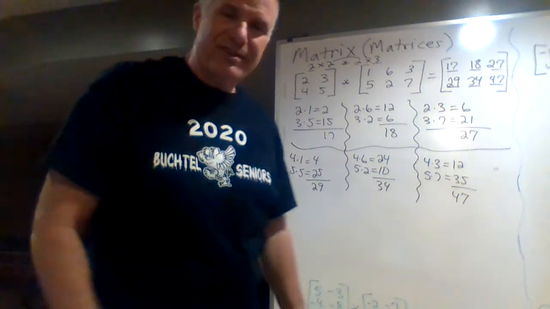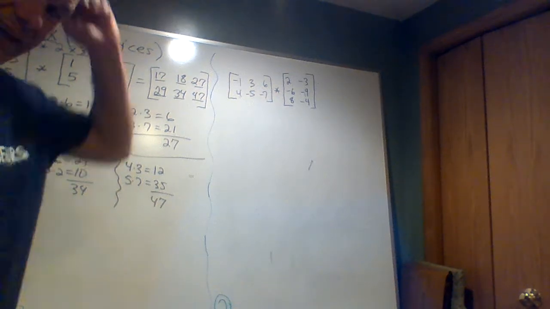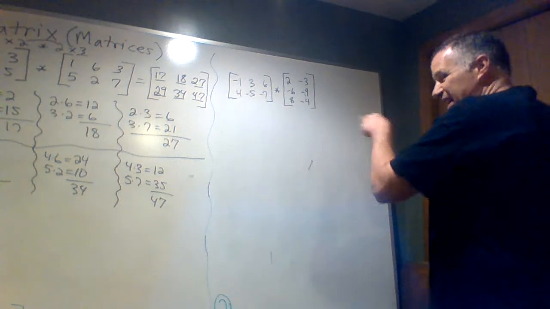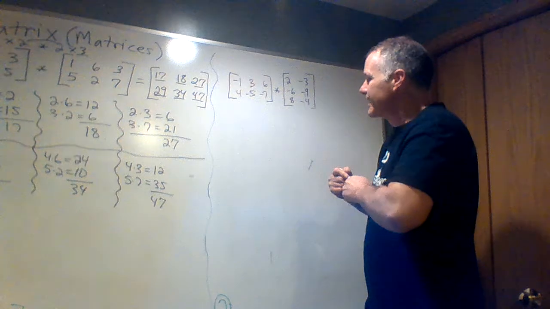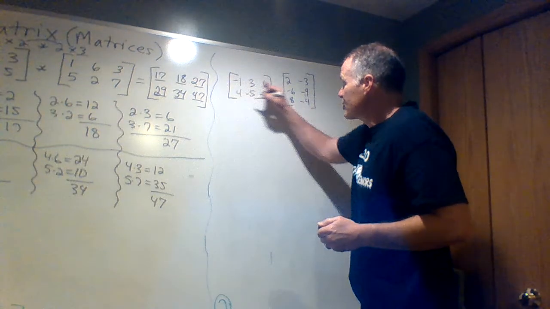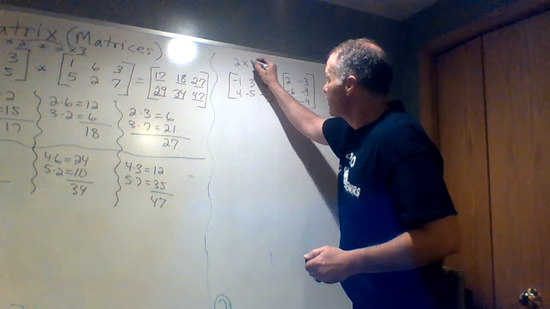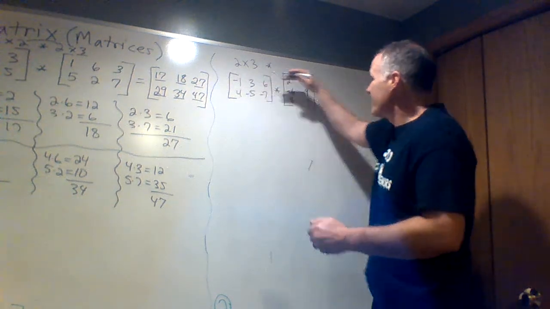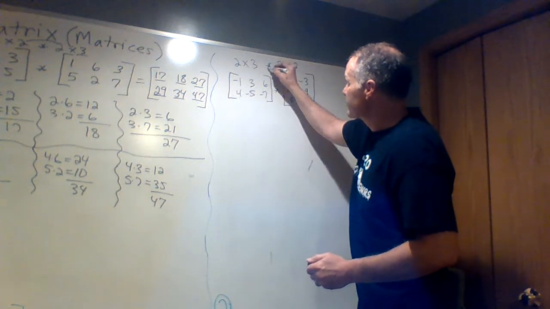Now I'm going to do a challenging one over here. But again, we like to do challenging ones because we learn more from them. You can see these are some big matrices. What's nice, though, is there's actually kind of a shortcut here that makes it kind of easy. Now, guys, this is a 2 by 3 matrix times a 3 by 2 matrix.